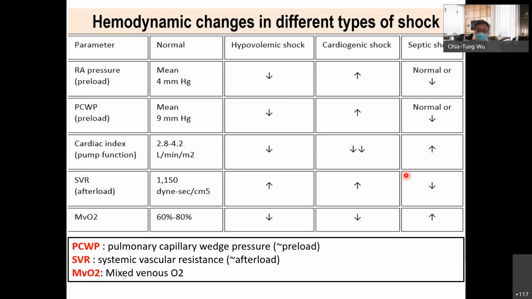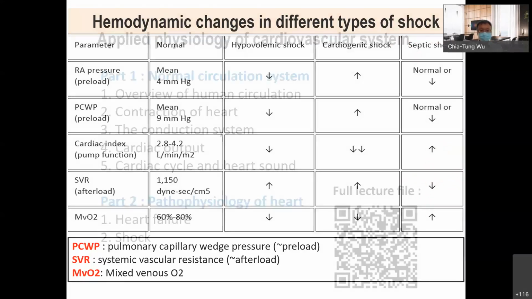Then we need to give a lot of volume expansion, because although our volume remains the same, it's redirected to a third space, to the capillaries. So first step, we need volume expansion. Then we give vasopressors. Vasopressors increase the resistance to keep our blood pressure, to keep our organ perfusion. So to treat septic shock: antibiotics plus volume expansion plus vasopressors.